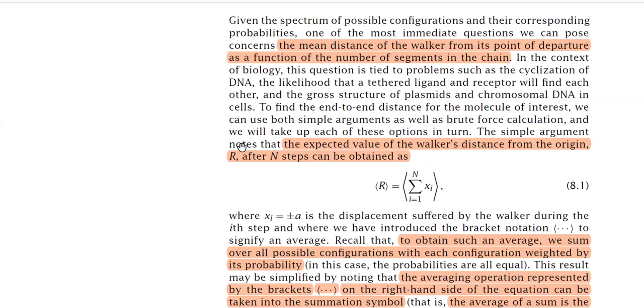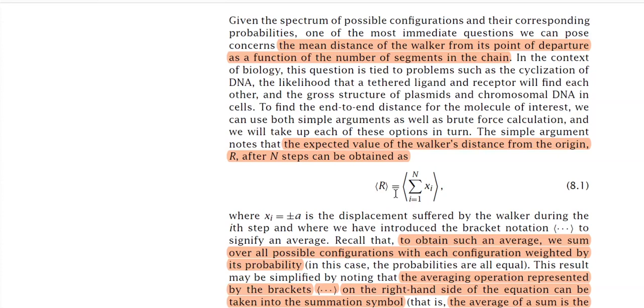The simple argument notes that the expected value of the walker's distance from the origin r after n steps can be obtained as follows. What is the expected value of the walker's distance? We are denoting it as r. The left hand side of this equation is the expected value of the walker's distance from the origin, which I am denoting as r. So r has been placed in bracket notation, denoting that it is the average of r.